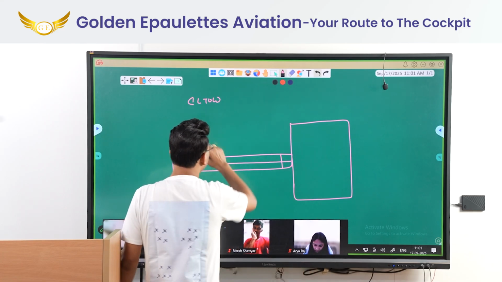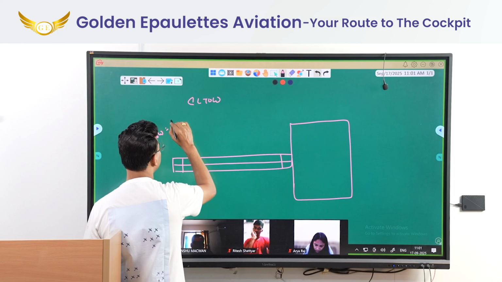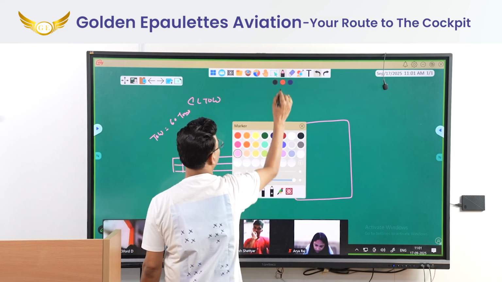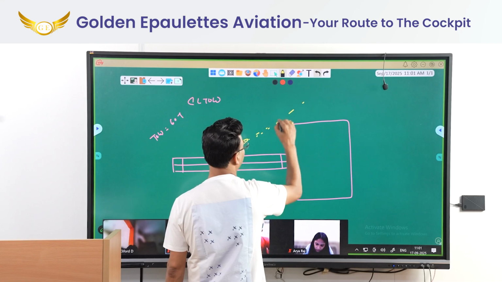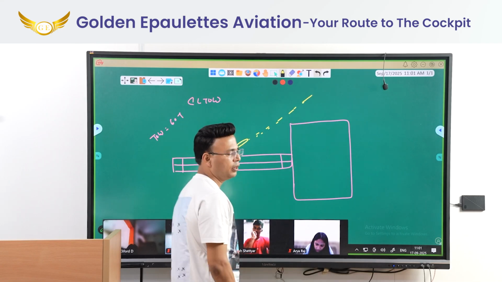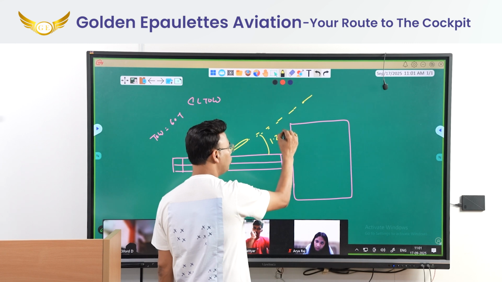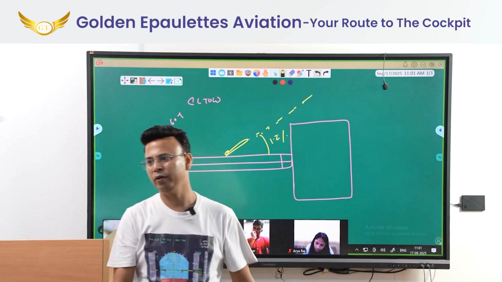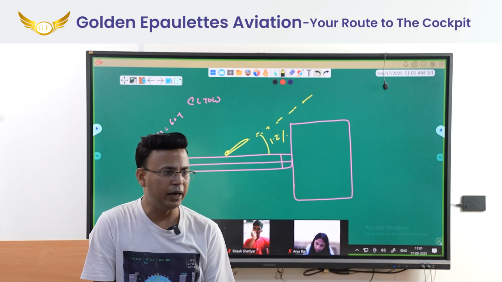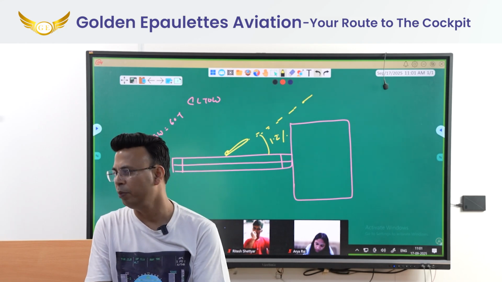So for example, today my takeoff weight is 60 tons. With 60 tons, I am lifting off here, and I lose one of my engines, I am achieving a climb gradient of 1.2%. And the minimum regulatory requirement, for example, is 2.4%.